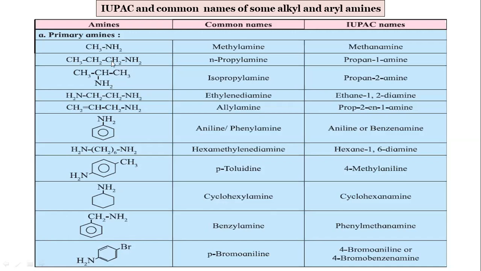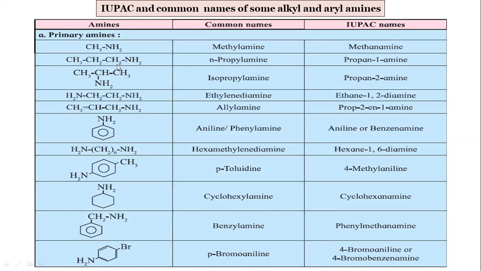On carbon number 1, if the amine is attached, this is propane-1-amine. In the second example, this is the longest chain, 1, 2, 3. On the second carbon, the NH2 group is there, that's why it is propane-2-amine. This 1 and 2 indicates the position of NH2, on which carbon the NH2 is attached.